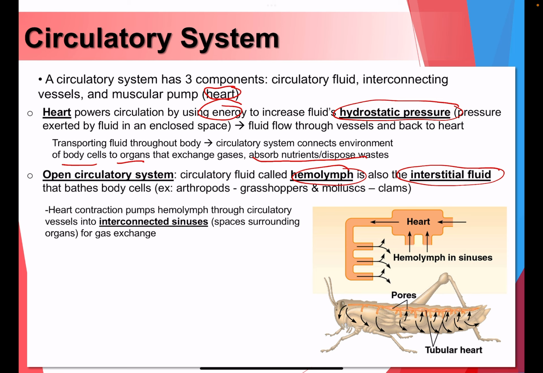What happens in an open circulatory system is you still have some sort of heart. You can't live without a heart in any circulatory system, because these are the three basic components: fluid, vessels, and heart. And then they have interconnected vessels that go into what are called sinuses. Sinuses are defined as spaces that surround the organs. In the body, things are supposed to be very packed, as with most organisms.